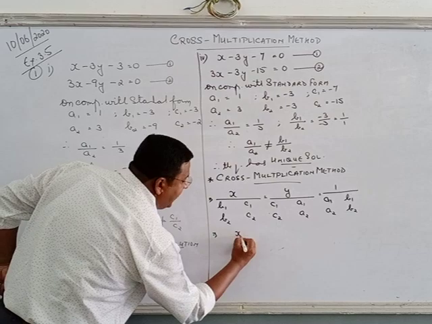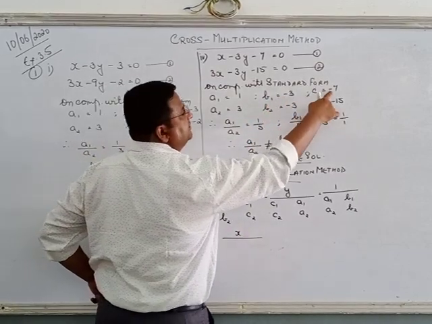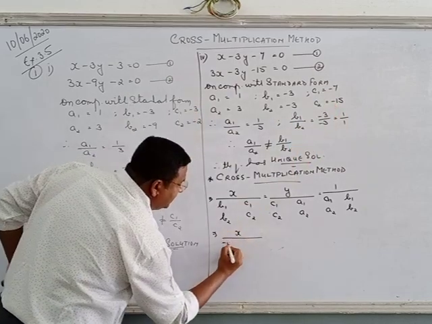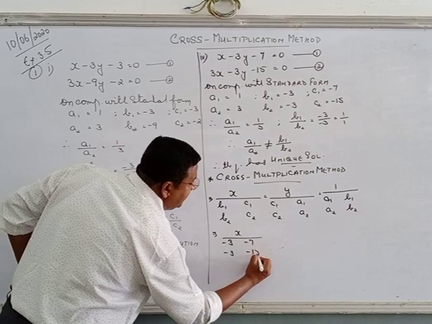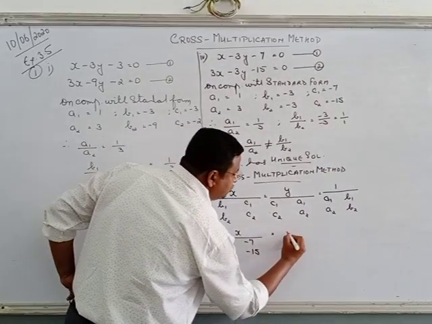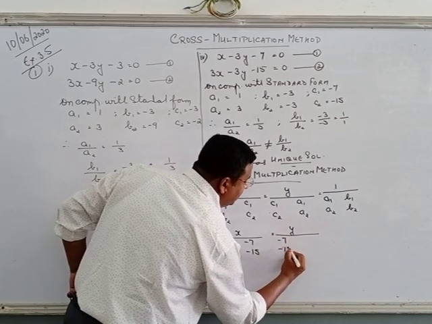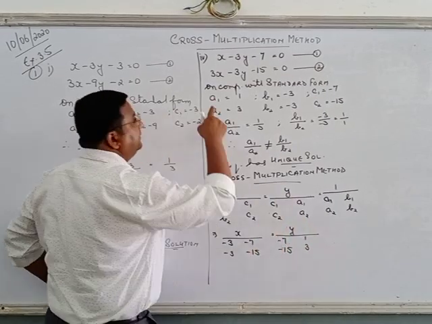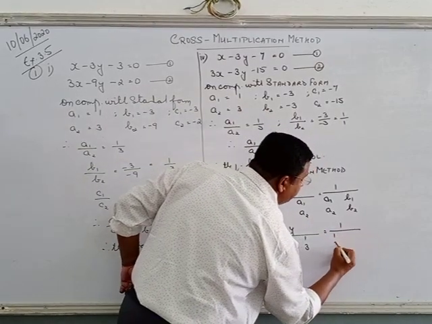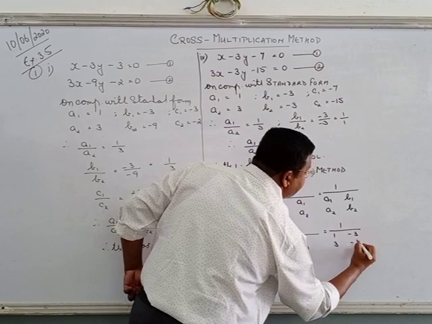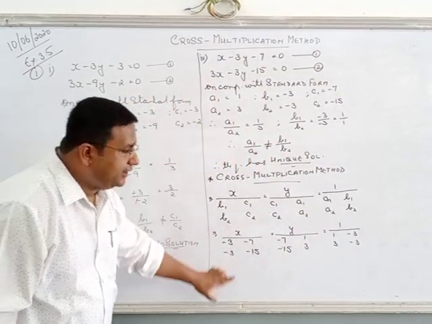What do I get? x upon b1, b2: minus 3, minus 3, c1, c2: minus 7, minus 15, equals y upon c1, c2: minus 7, minus 15, a1, a2: 1 and 3, equals 1 upon a1, a2, b1, b2: 1, 3, minus 3, minus 3. I hope everything is clear.